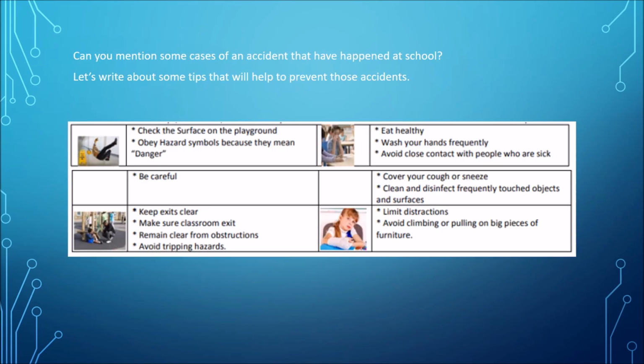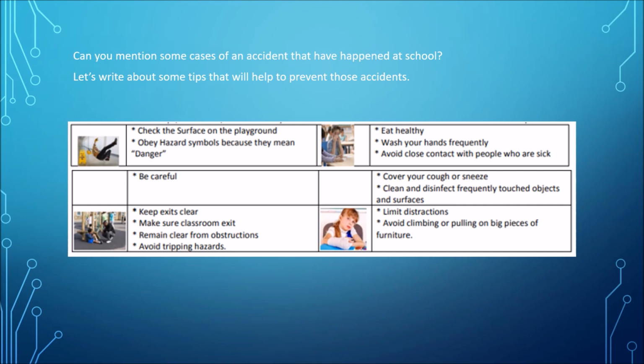Can you mention some cases of an accident that have happened at a school? Let's write about some tips that will help to prevent those accidents. Here we have: check the surface of the playground, obey hazardous symbols because they mean danger, and of course be careful.